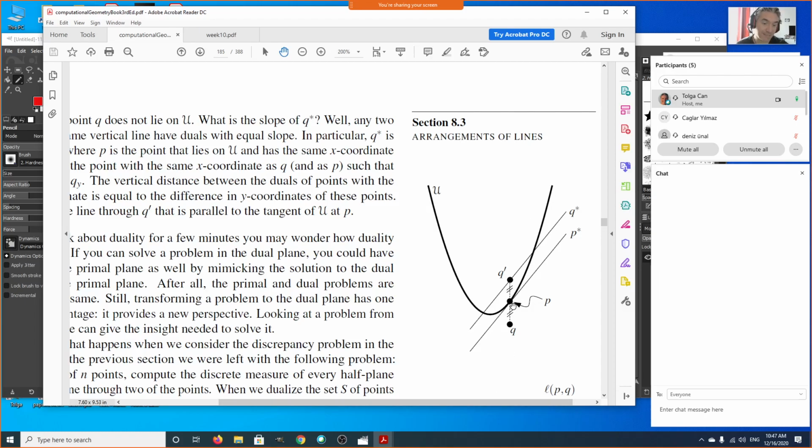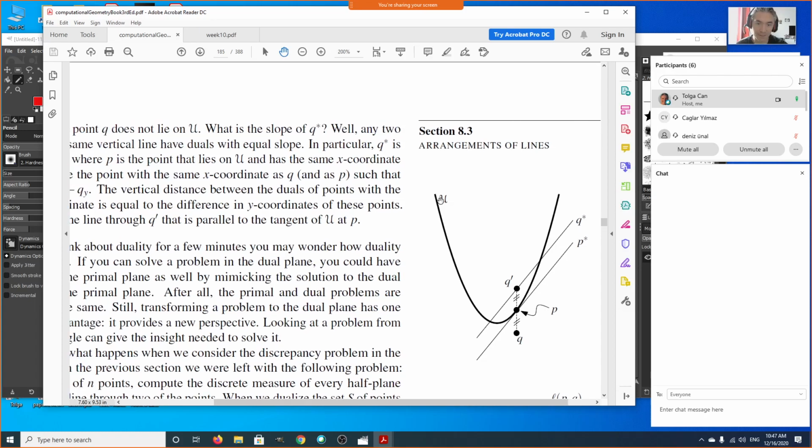So if your point is P here, for example, its dual transform will be this P star. Because as you can see, y is equal to x squared divided by 2, and if you take the derivative, its slope is x. So the x coordinate of this point becomes the slope of the line, and its y coordinate becomes the intercept of the line.